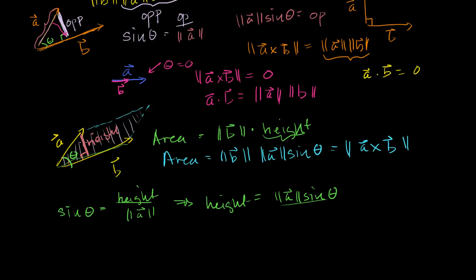The cross product of two vectors, or at least the magnitude or the length of the cross product of two vectors, obviously the cross product gives you a third vector, but the length of that third vector is equal to the area of the parallelogram that you can create from those two vectors. Anyway, hopefully you found this a little bit intuitive, and it'll give you a little bit more of a sense of what the dot product and cross product are all about.